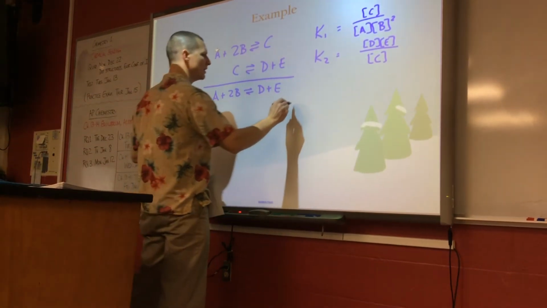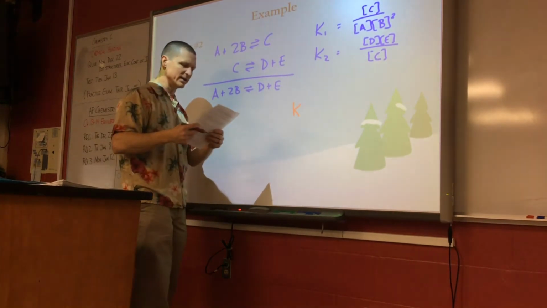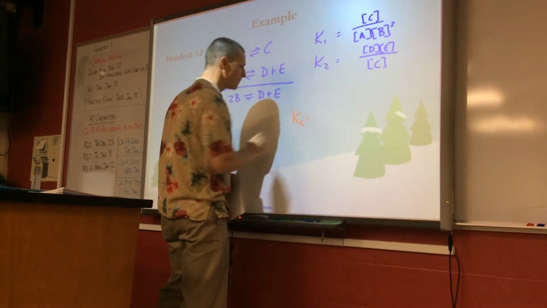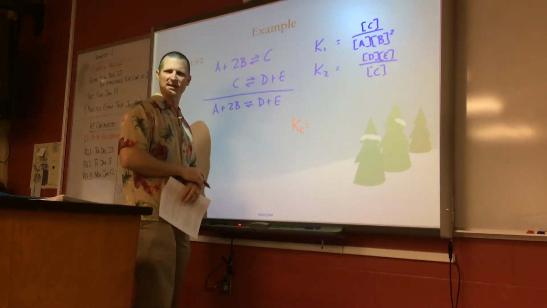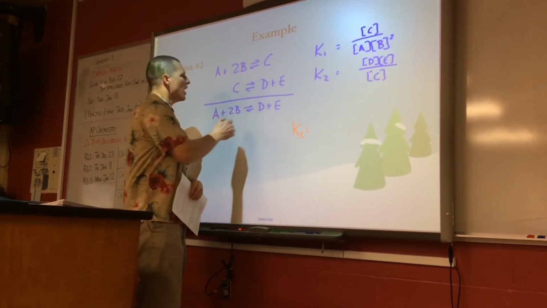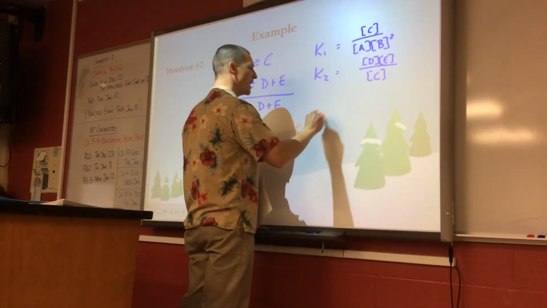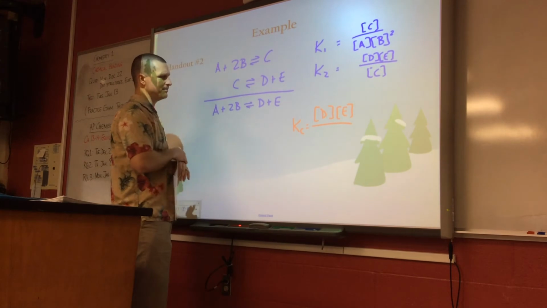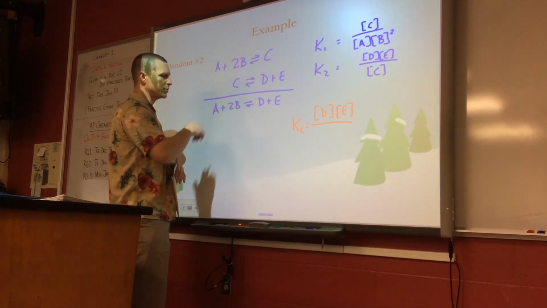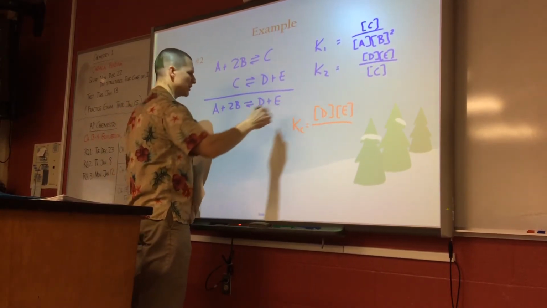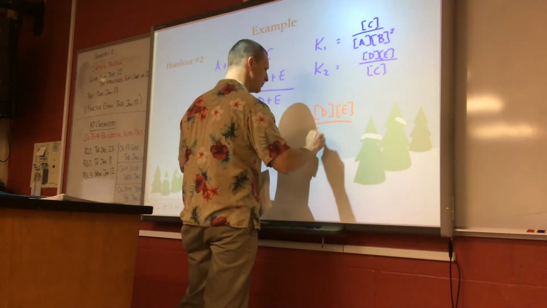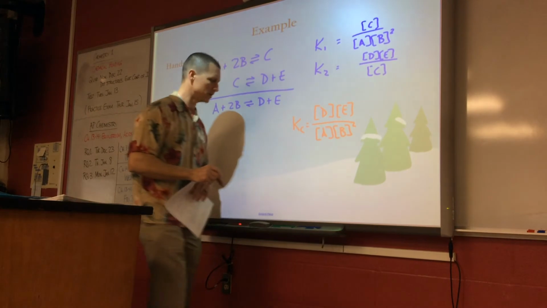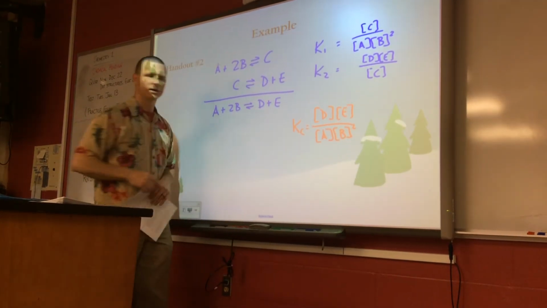What would it look like? Now they call it in this problem Kc. Why do they call it Kc? I'll tell you soon. It would be D times E. Now I'm just doing this based on what the reactants and the products are. I got 1 D and 1 E, so they're on top, and then I got an A and 2 B's on the bottom. That would be the K value of that.